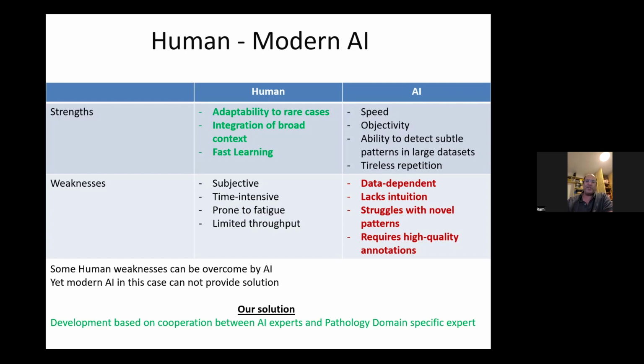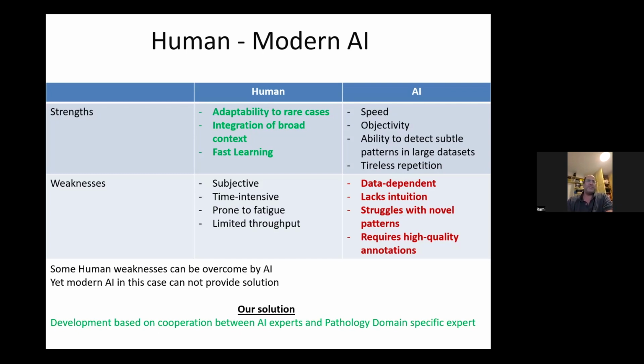But then when you look at the weaknesses of AI, they cannot work in those conditions. There's not enough data. The cases are very special. They are not the normal case of ganglion cells. And then where will you get enough data? You're not going to get it. So you need to develop a new algorithm in order to move forward.